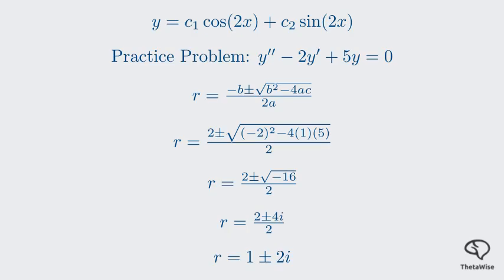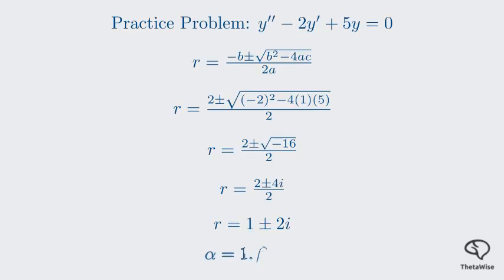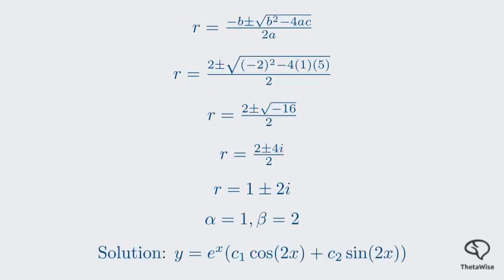Plugging in a equals 1, b equals negative 2, and c equals 5, we get r equals 1 plus or minus 2i. Here, alpha is 1 and beta is 2. The general solution is y equals e to the x times (c1 cosine of 2x plus c2 sine of 2x). We have now covered all 3 cases for solving second-order homogeneous ODEs.